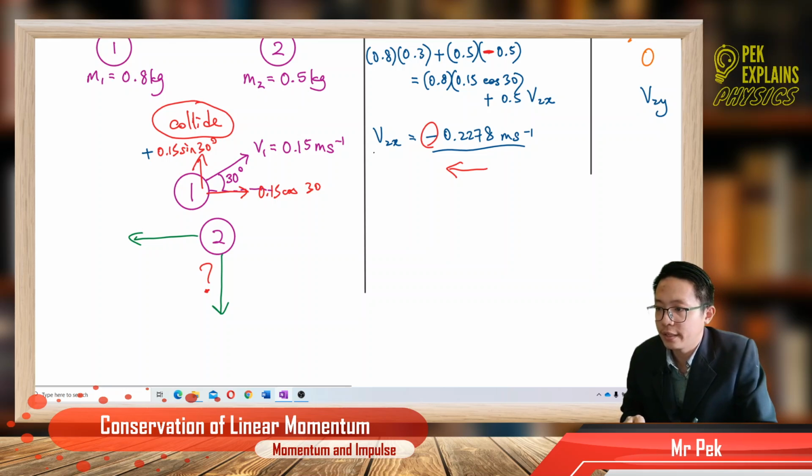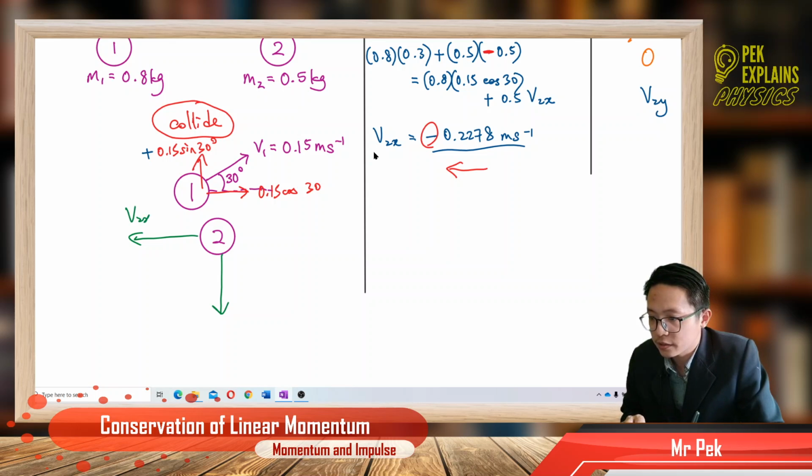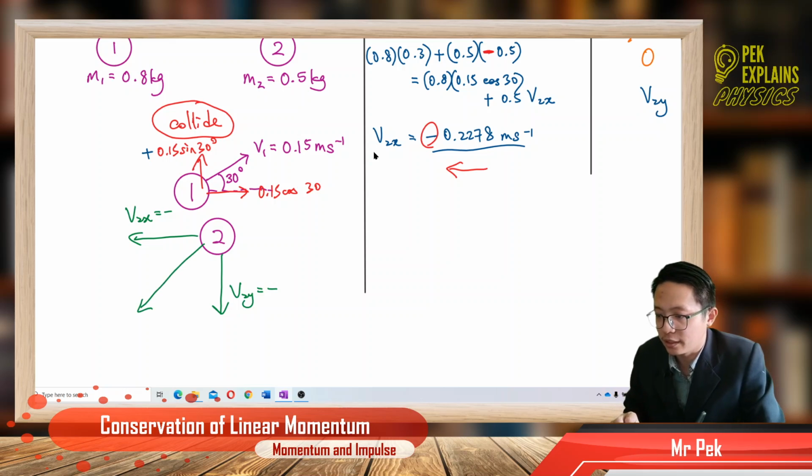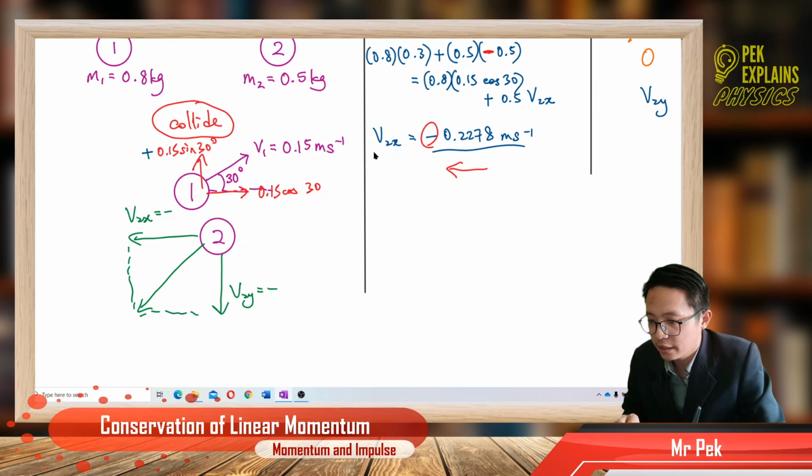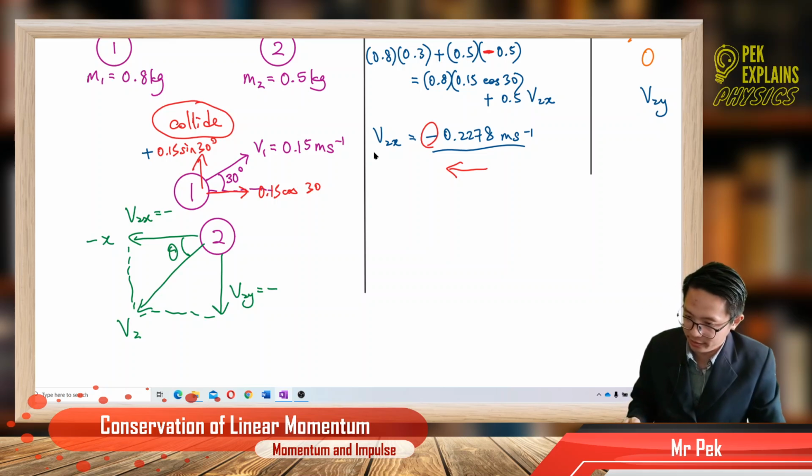This is the V2x, which is negative, and this is V2y, which is also negative. So this is the resultant V2 which we want to find, and we need to find this angle theta below the negative x-axis.